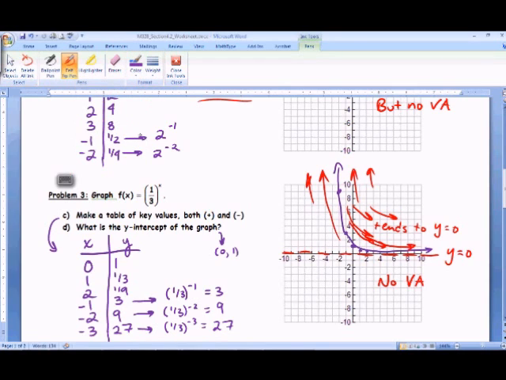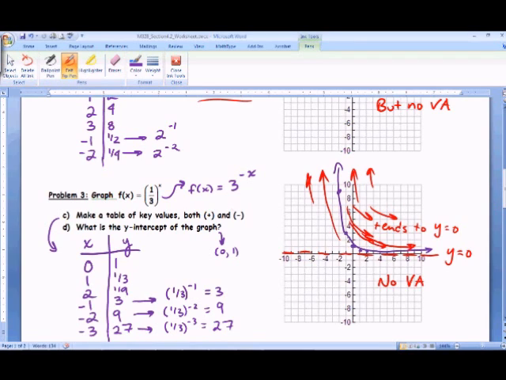Now, I remember I said that these two graphs kind of look like reflections about the y-axis, the line x = 0. The reason that they look that way is f of x for problem number 3 can be expressed in a different way. I can think of f of x as 3 raised to the -x power.